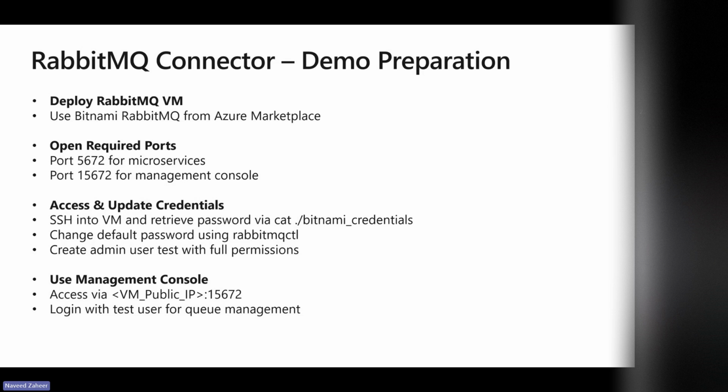By the way, this is not a production cluster, so you can name it whatever you want. I just used test as the user ID and password, just to test it out. Once everything is there, you should be able to access the console at this address. Once again, a quick disclaimer: this is not for production, this is just for demonstration, so you can test this connector out.